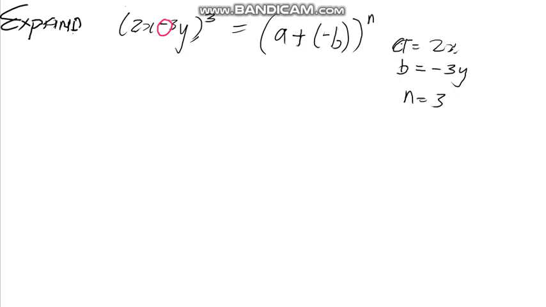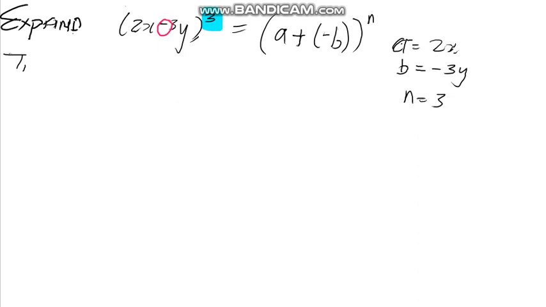So the first thing to do is to find the value of t1. If they say expand and they don't specify how many terms, look at the power: it says 3.